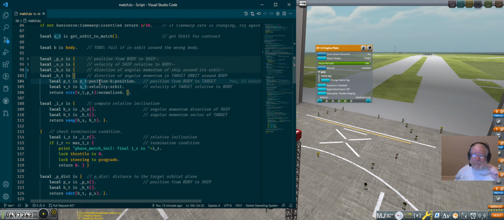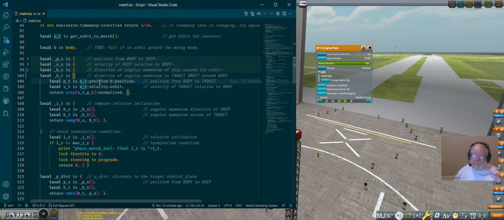Let's make our delegate calls be on separate lines so we can document what they are. P rate is how fast we are approaching. So it'd be acceleration.